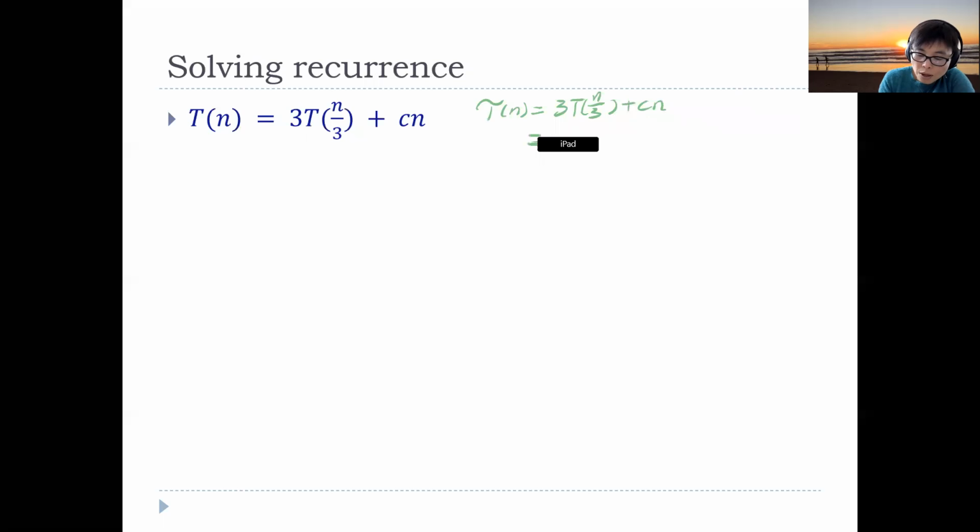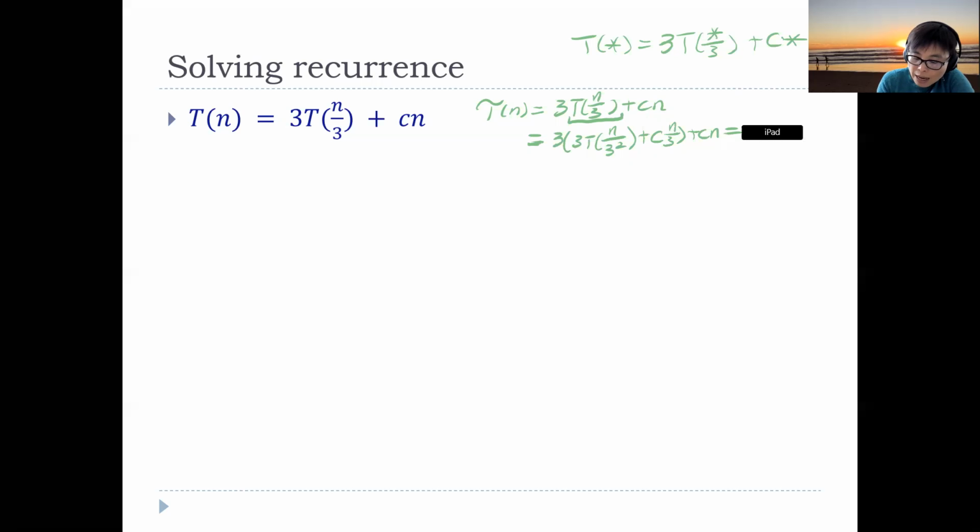When you unroll it once, every time you apply the recurrence to another subproblem, inside you divide the size by another factor of 3, while outside you multiply by another factor of 3.